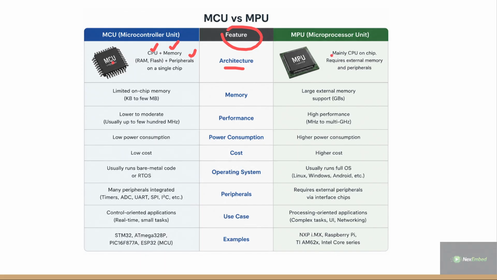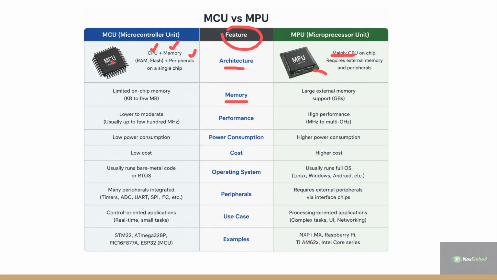Microprocessor will consist of only CPU on this chip. In this chip, it will have only CPU. If you want memory or peripherals, everything has to be connected externally to this chip. Okay. So this is microcontroller, microprocessor. Everything is present inside the chip. Here it consists of only CPU, and memories and peripherals, everything has to be connected externally.